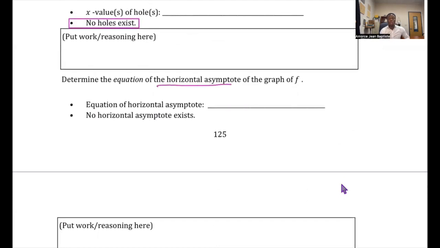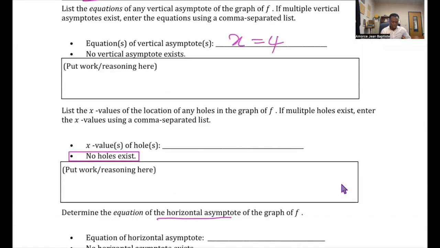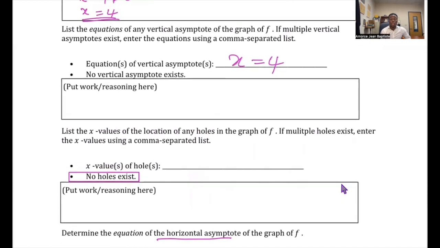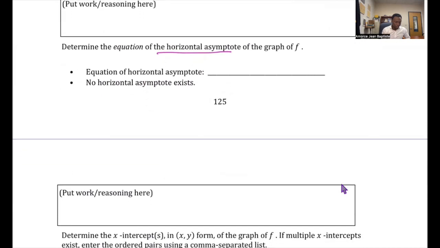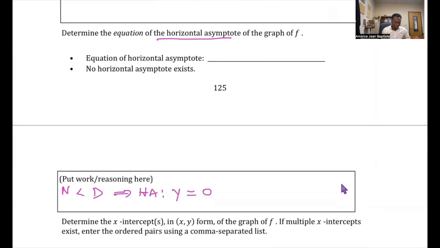The horizontal asymptote. Horizontal asymptote would be y equals 0 if the degree of the numerator is less than the degree of the denominator. Let me call n the degree of the numerator and d the degree of the denominator. If n is less than d, HA is y equals 0.